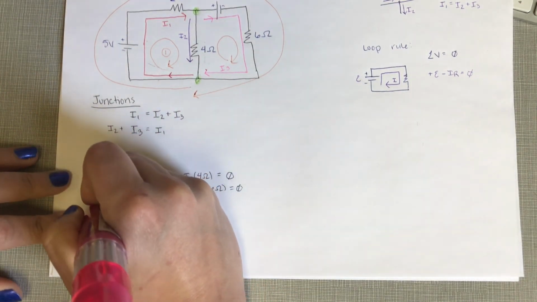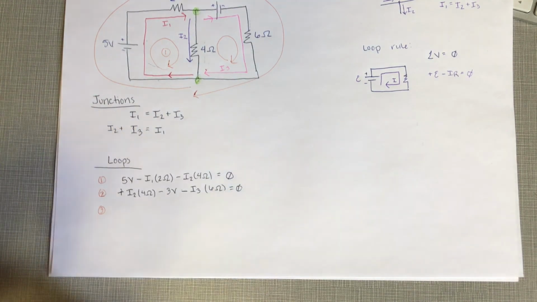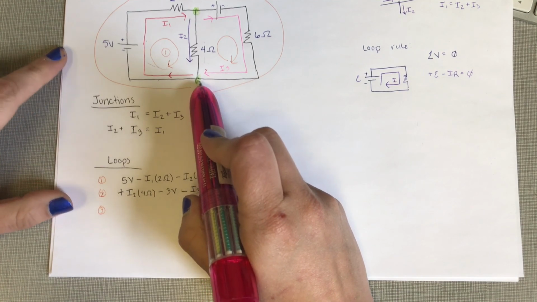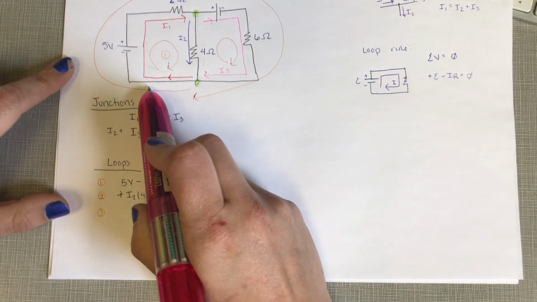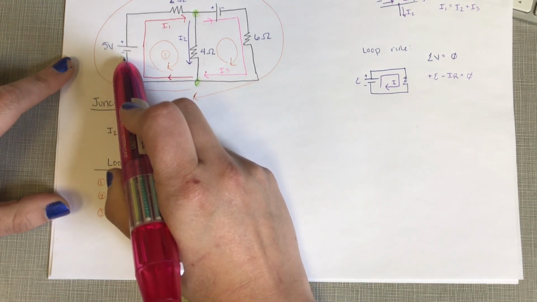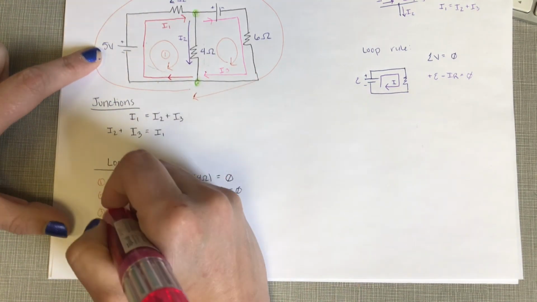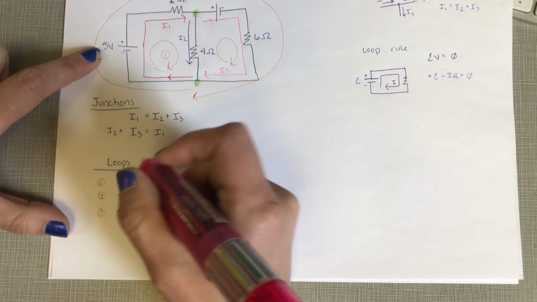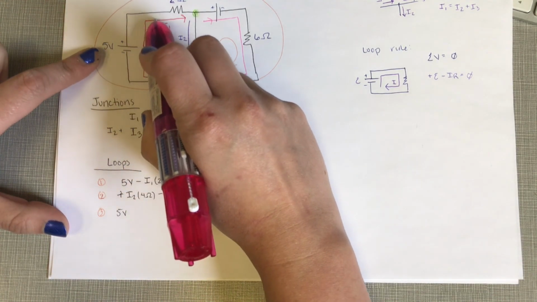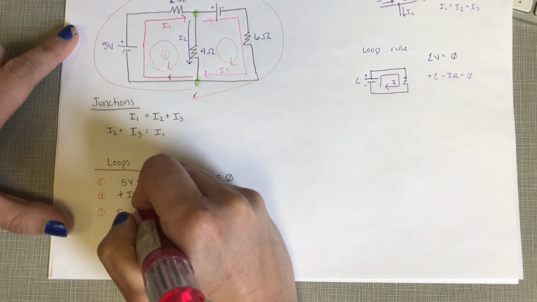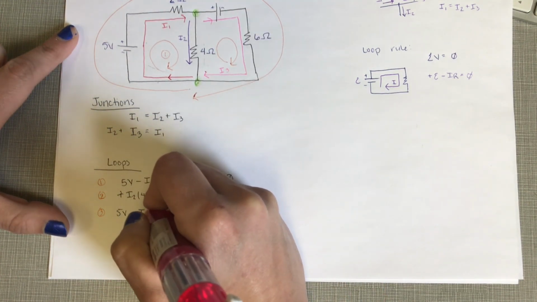So now if we look at loop number 3, I'm going to start here at this green spot and go this way. So now I'm going minus to plus, so I'm getting boosted by this battery. That's plus 5 volts. I'm going with the current, so that's minus I1 times 2 ohms.